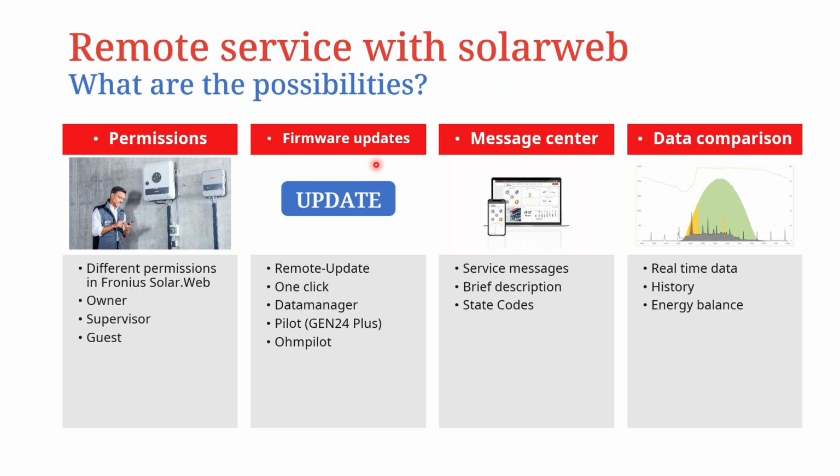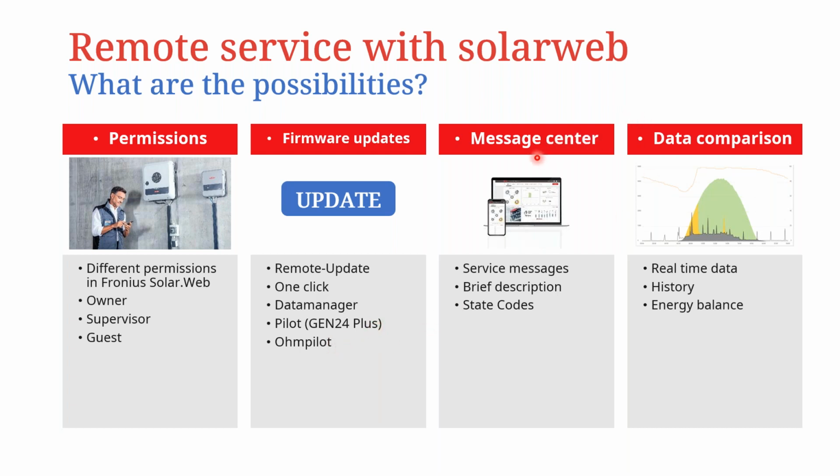In terms of firmware updates, you can also do quite a number of updates remotely from the Fronius SolarWeb portal. So this is just a click away, and the updates are available for the communication cards, which mean the data manager for the Snap inverters, as well as the pilot for the Gen 24 Plus and Tauro inverters, and the ON pilot.